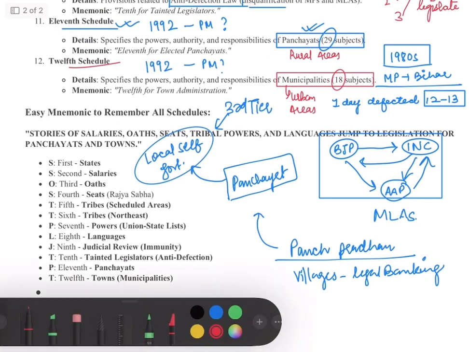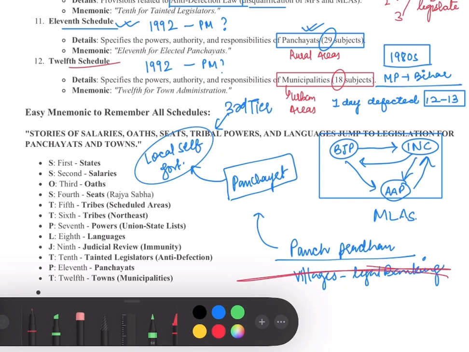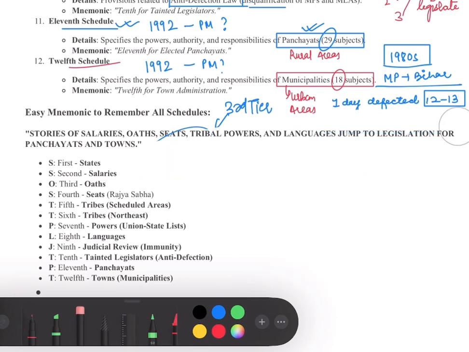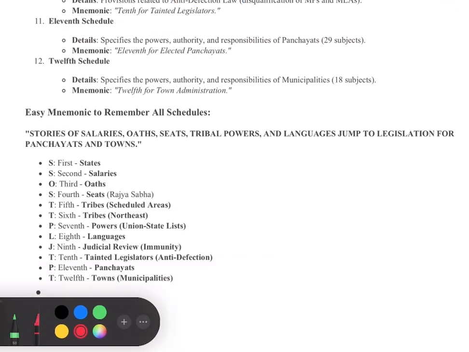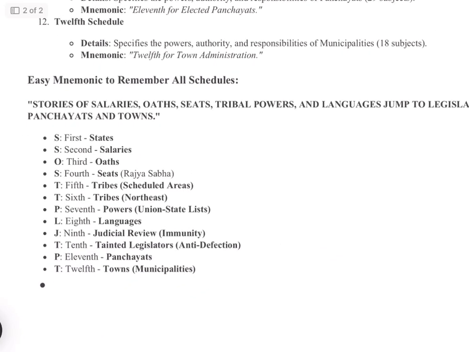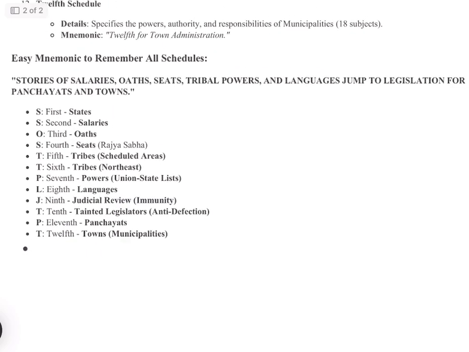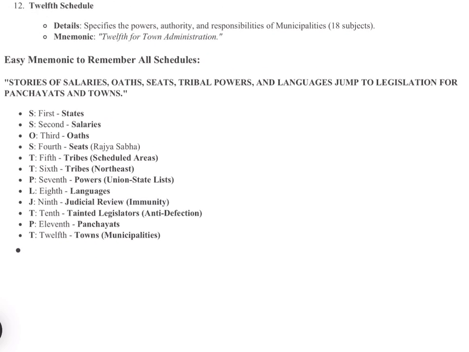There is one mnemonic that I have formulated just to remember this: Stories of salaries, oaths, seats, tribal powers, and languages jump to legislation for panchayats and towns.